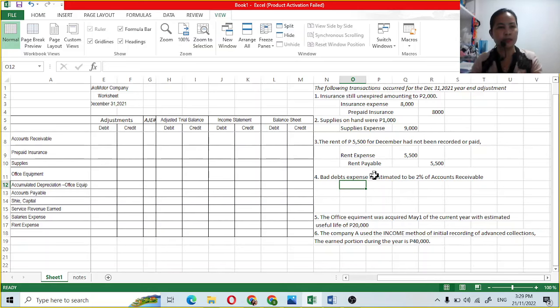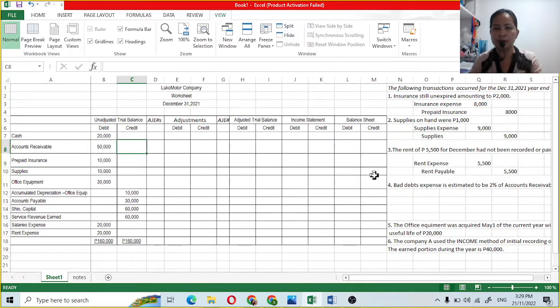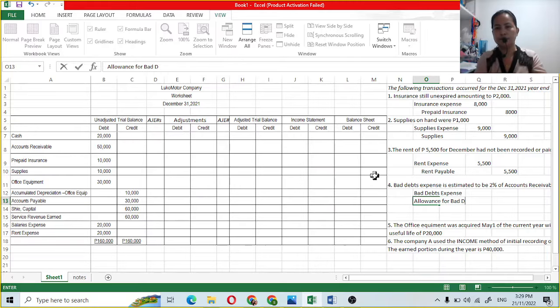So, that's how much? Magkano yung accounts receivable? 50,000 pesos. So, 50,000 pesos times 0.02, so that's 1,000 pesos. Okay, so to recognize bad debts, it is bad debts expense, credit, allowance for bad debts, 1,000 pesos.